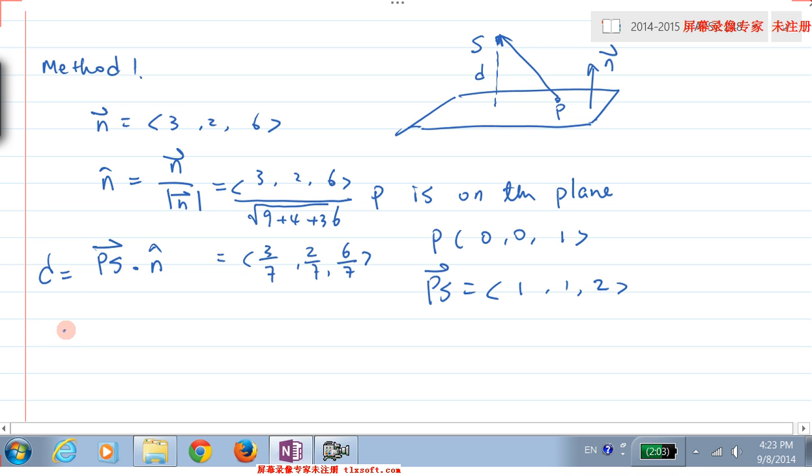So then the D is this vector dot this vector, and it's simple dot product. So you carry them out, you end up with 17 over 7. Was that good?